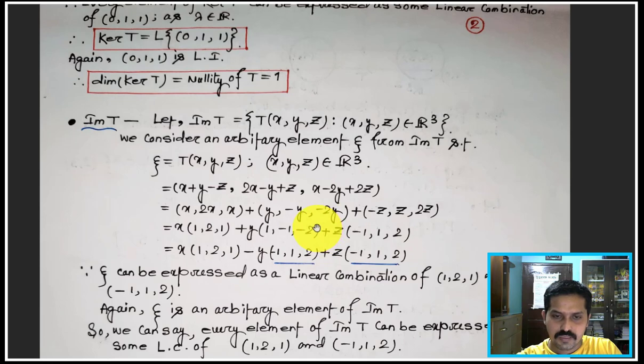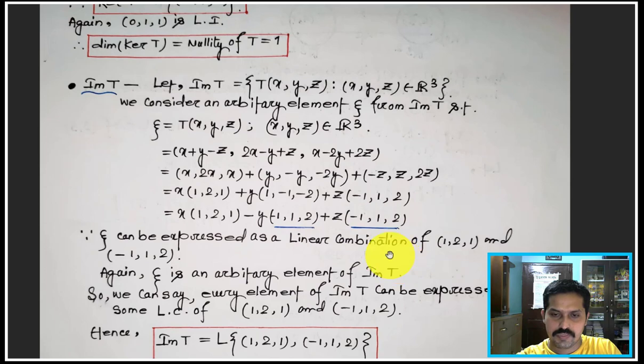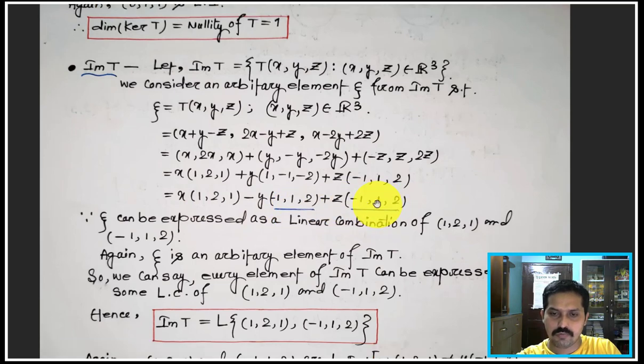If we take minus 1 common from the second part, we'll have x(1, 2, 1) minus y(-1, 1, 2) plus z(-1, 1, 2). Now see carefully, this element and this element are unequal, but these two are equal elements. So whenever we consider, we have to consider only one among these two, because these two are the same elements.